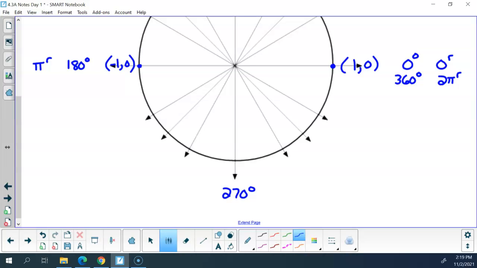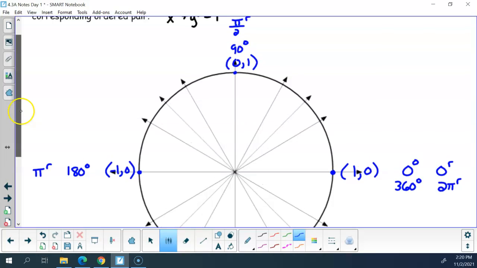Three pi over 2. Coordinates. 0, -1. 4 of them done. Okay.